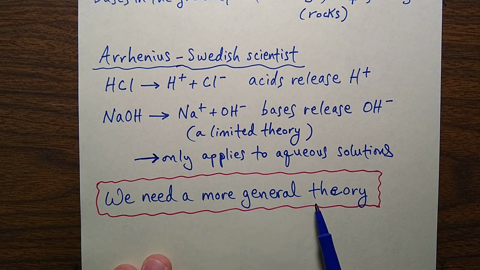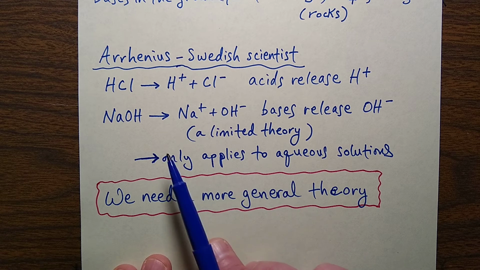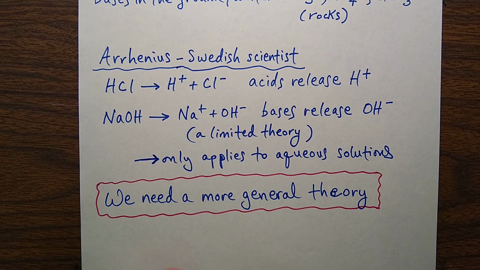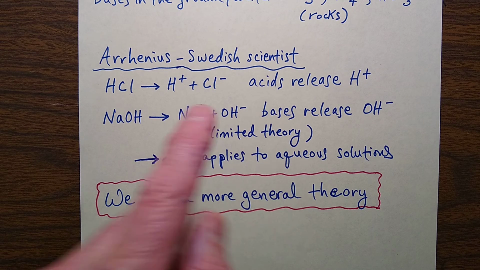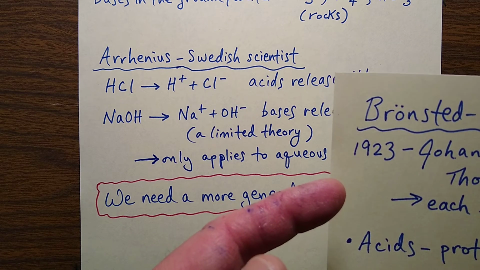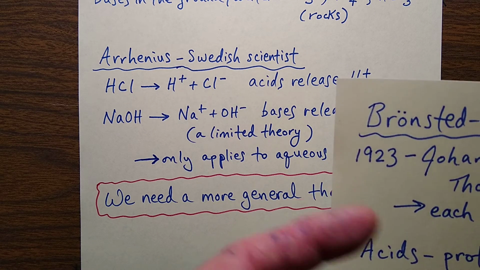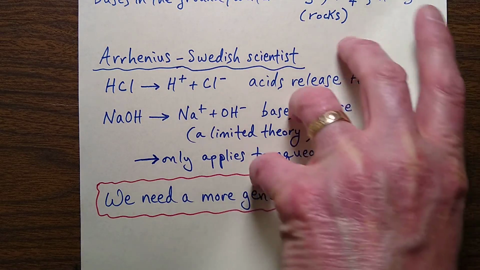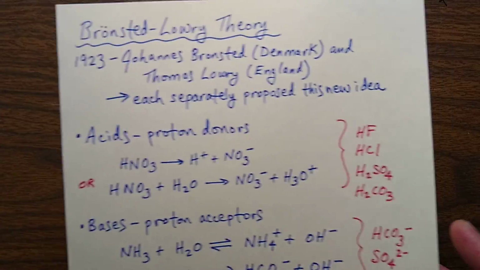So we needed a more general theory of acids and bases that would apply to reactions that didn't necessarily involve water. And that's what's called the Bronsted-Lowry definition. Anything that's an Arrhenius acid can also be considered a Bronsted-Lowry acid or base as well.